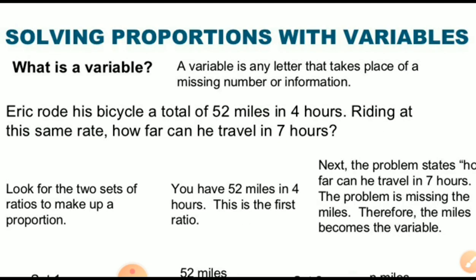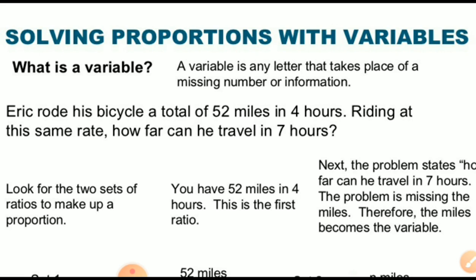Okay, solving proportions with variables. Very good question is here. I am trying to give some more information or more introduction to ratios and proportion, which will help you in your next classes also. My dear student, what is a variable? A variable is any letter that takes the place of a missing number or information.